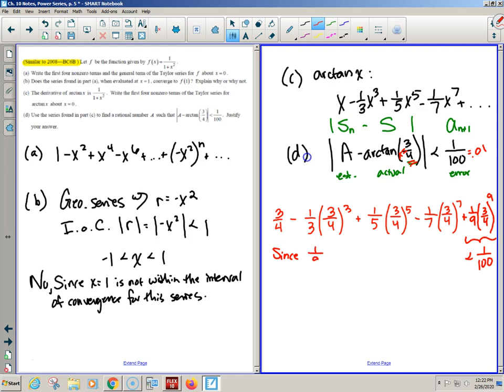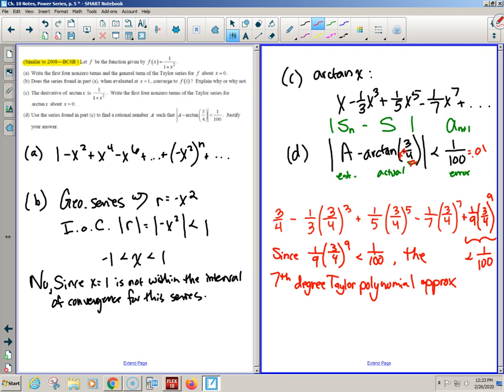I just put 1/9. I don't have to be snazzy in my notation. Is less than 1/100. The 7th degree Taylor polynomial approximation.